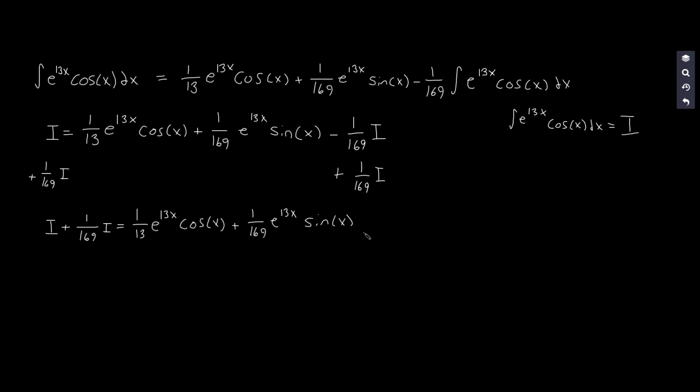And so now we are to combine the left side. On the left side of the equation, we have 1 I plus 1 over 169 times I, which is the same thing as 1 times x plus 1 over 169 times x, if you want to change the variable to x to make it easier to conceptualize.